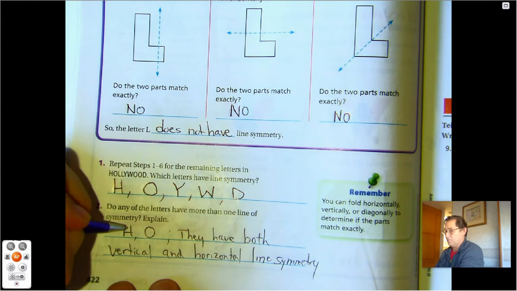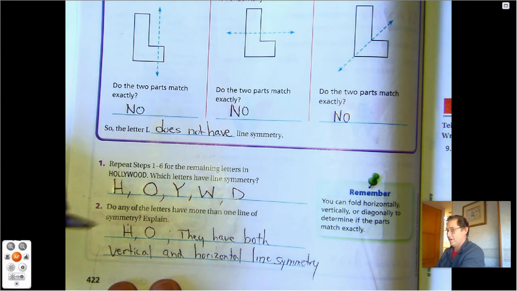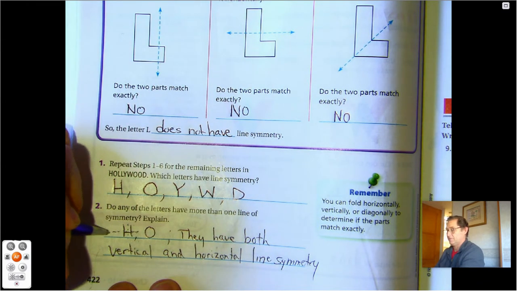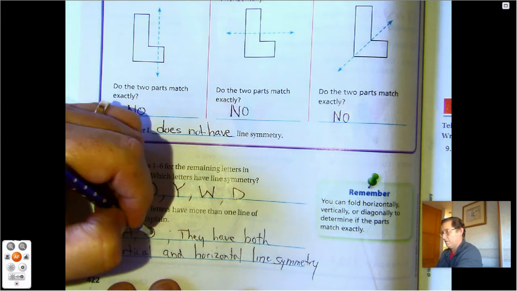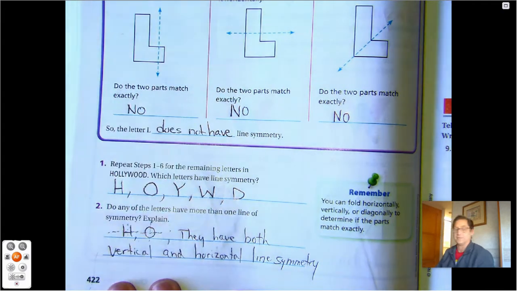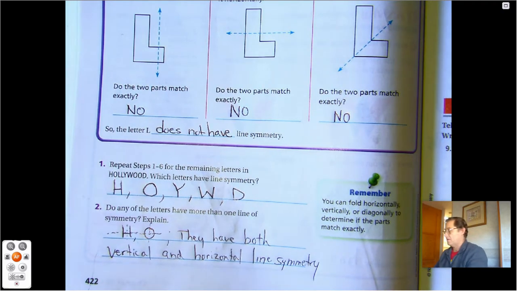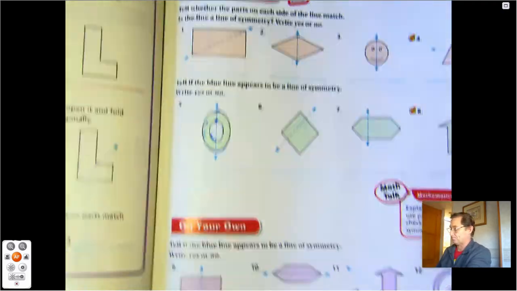So the H was, again, straight down that way, and we could also divide it that way. The O, we can divide vertically, as well as horizontally. All right, let's continue now.